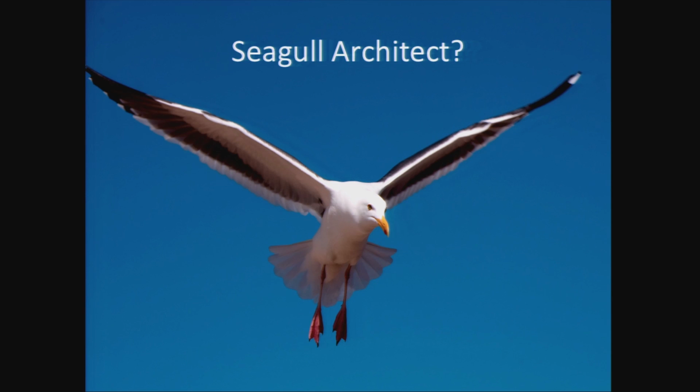Another kind of bad architect: you know what seagulls do, right? They squawk a lot. When they notice something interesting, like food, they'll come in, fight over it, squawk, poop, and leave, right?